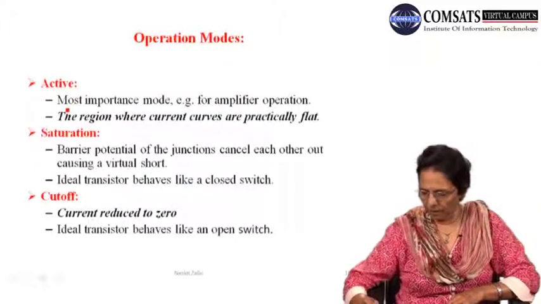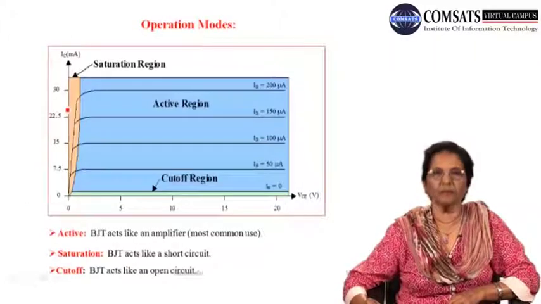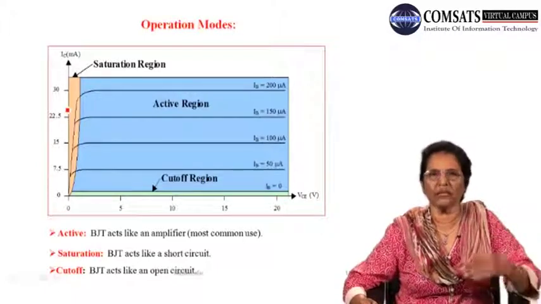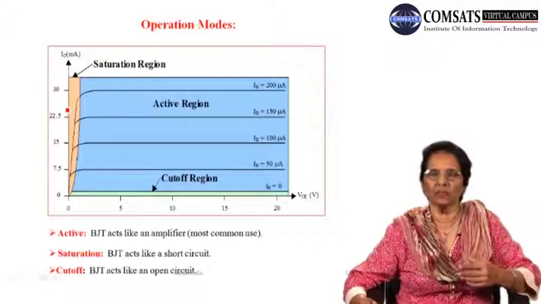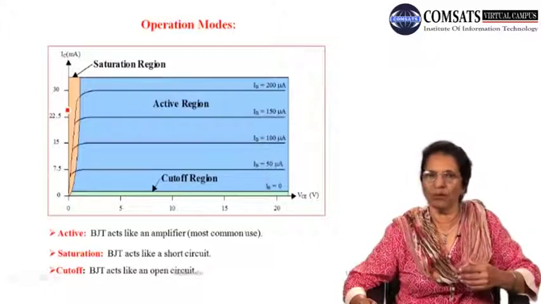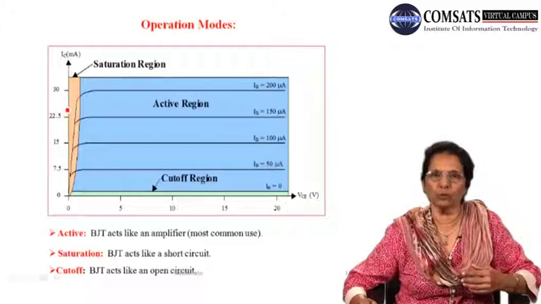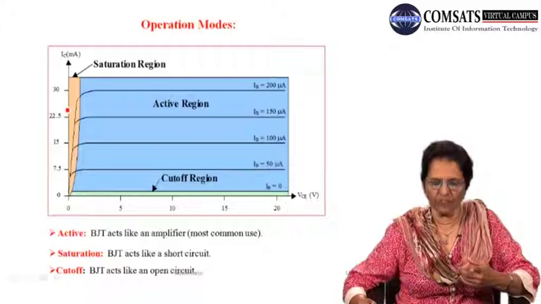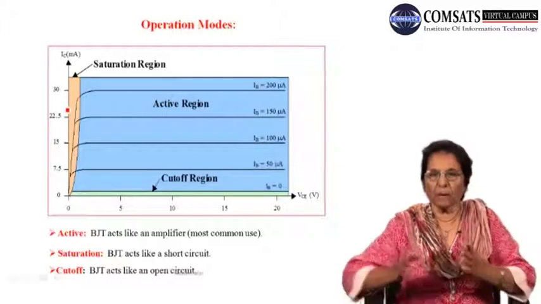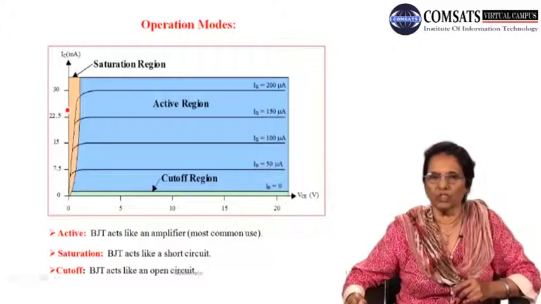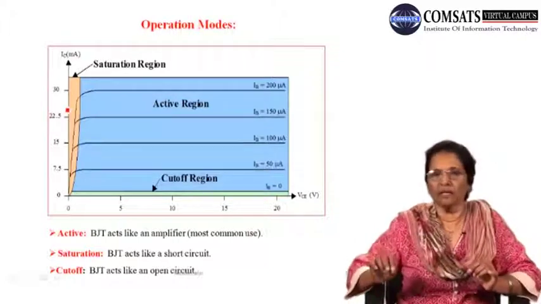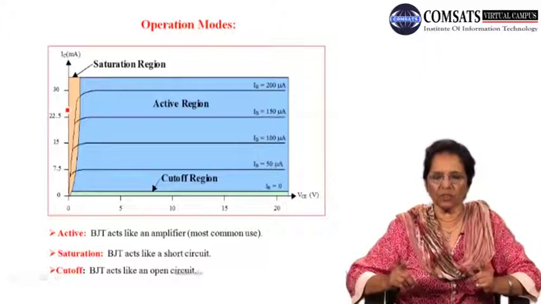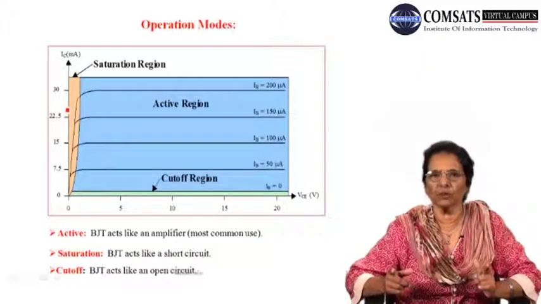Now let's look at a typical IV characteristic to start with, and then we can go back and define the three modes of operation for an output characteristic. Now here is a typical output characteristic. If you see this big dark blue region, in which the output current curves are almost flat, let me explain what an output curve is.